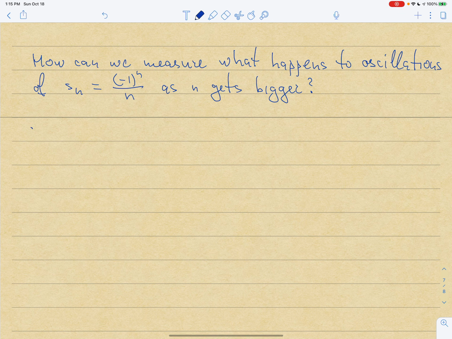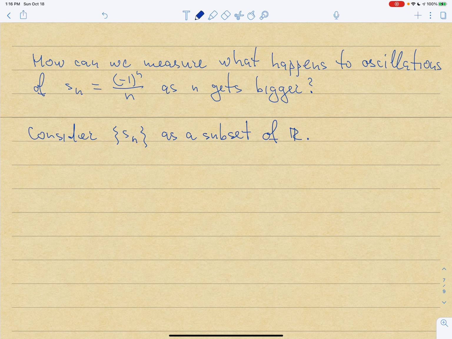So I'm going to consider Sn as a subset of R. If I look at my sequence starting from the first element, and I think about the oscillations that the sequence undergoes, I can take a supremum and the infimum of the sequence, and this will tell me how large the elements can get and how large a negative they can get.